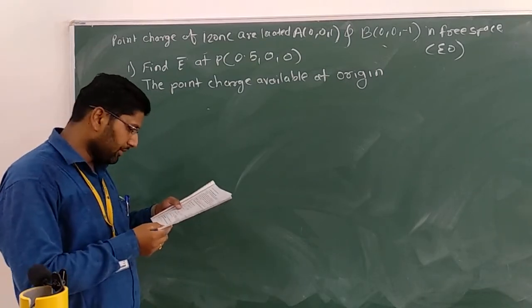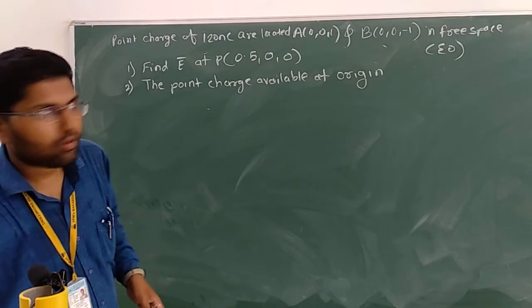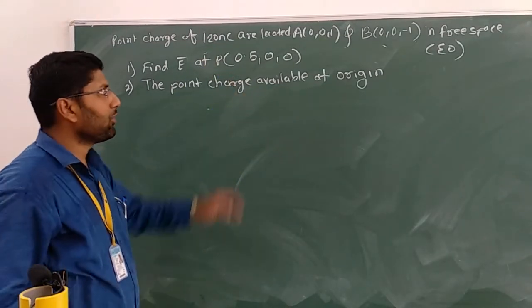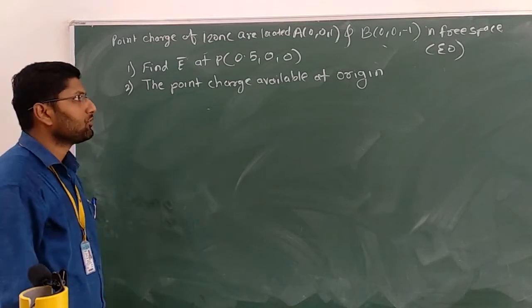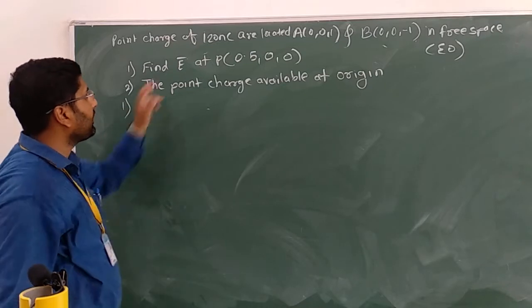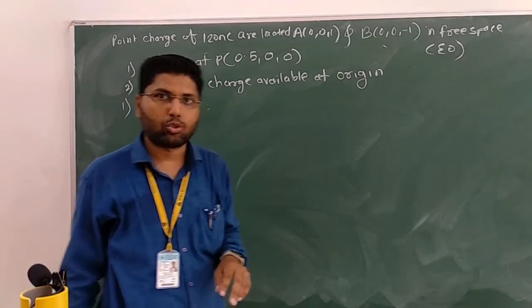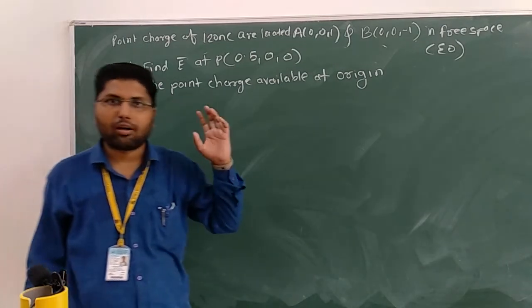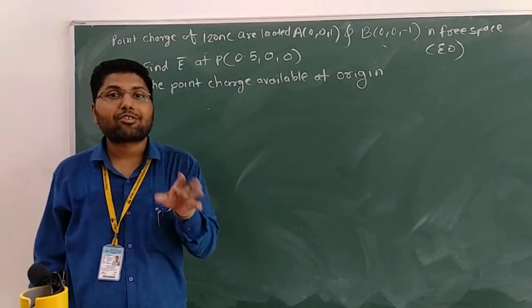A similar charge of the same 120 nanocoulomb will apply. We will see that in the second part, but in the first part we will find E bar at the point (0.5, 0, 0).